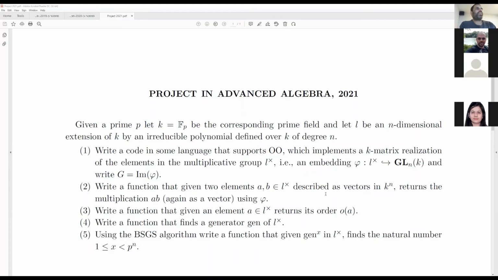I don't know. 4, write a function that finds a generator. Now, this is maybe the most difficult thing here. I suggest you the following. Let us first find a generator of K star. How do we find a generator of K star?